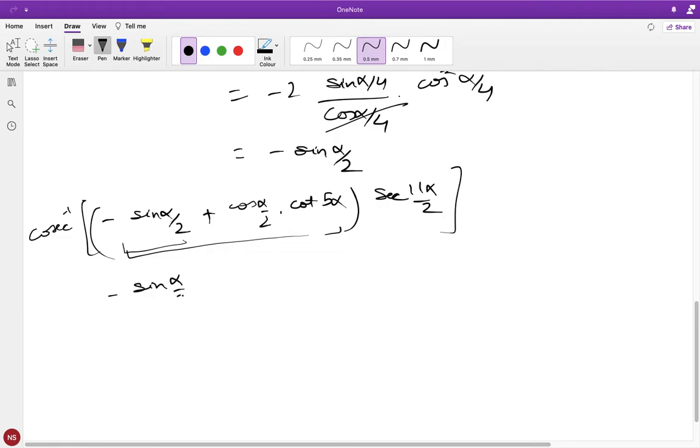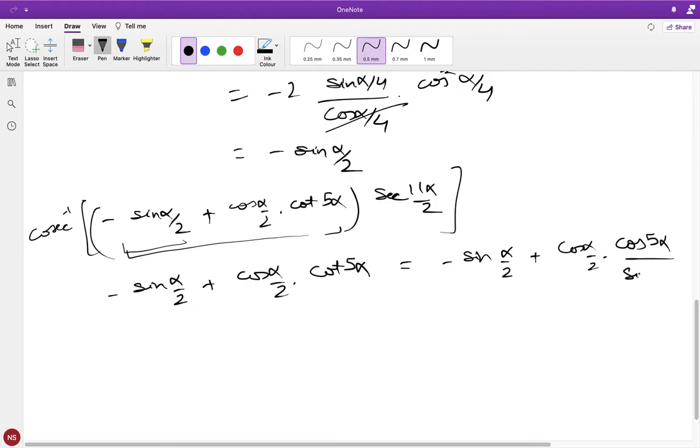Minus sin(α/2) plus cos(α/2) into cot 5α. Cot can be written as cos by sine, right? Now take sin 5α as the LCM.